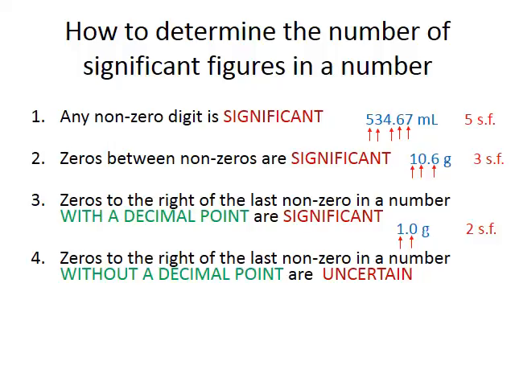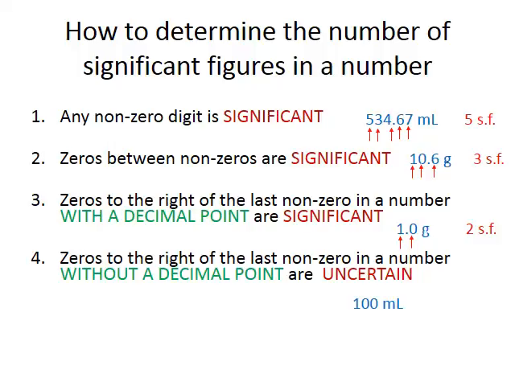If there is no decimal point explicitly written, then it's actually pretty uncertain. So for example, when we have 100 milliliters, it's not entirely clear whether those 2 zeros that are written at the end were actually measured or they're just there to tell you that the 1 is in the hundreds place.